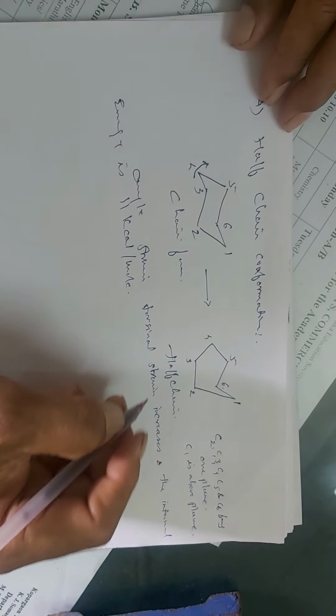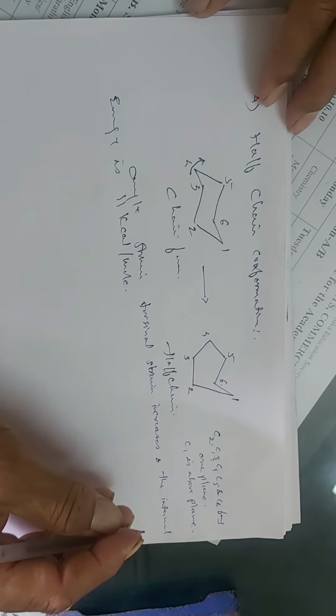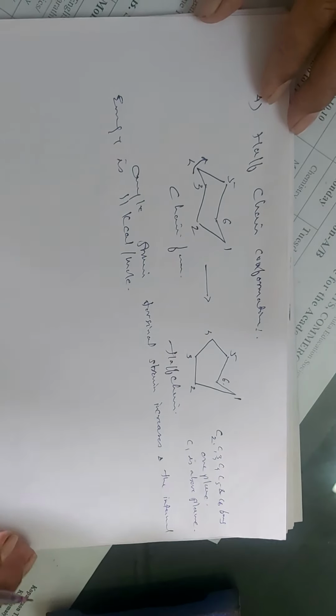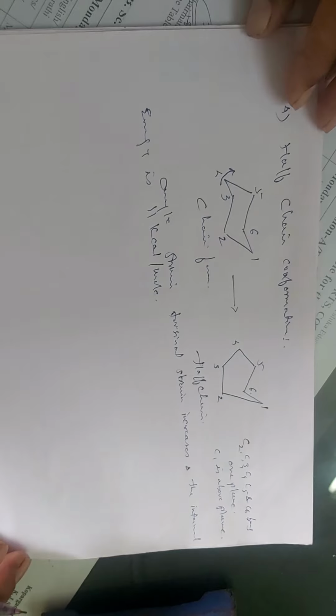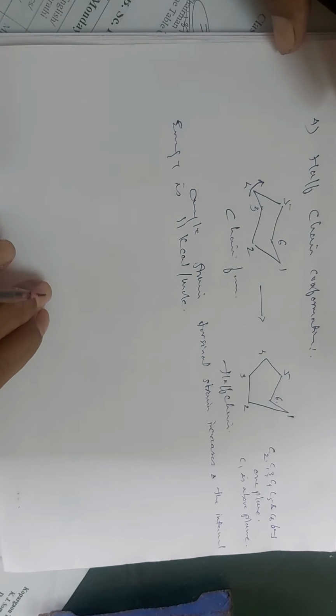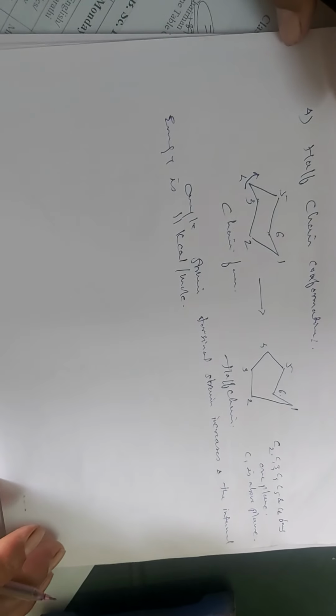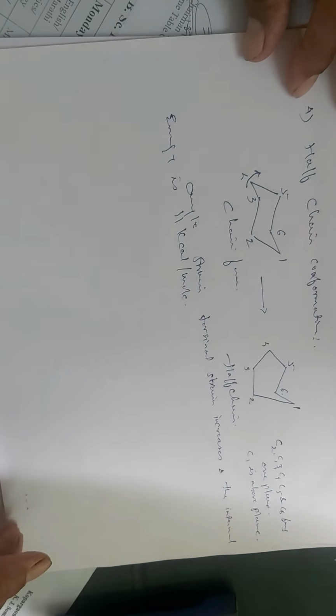It means here the internal energy increases a lot, and so in this way we get the four different types of conformations, that is the chair conformation, boat conformation, twist boat conformation and the half chair conformation.